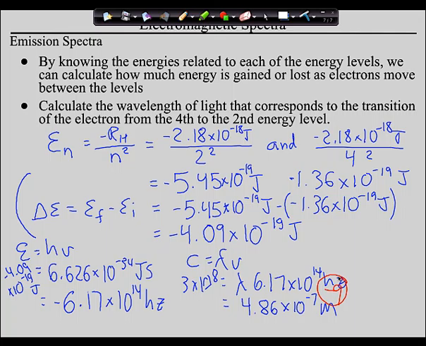So when you see these wavelengths in the visible light range at 10 to the negative 7th, understand that is the same as 486 nanometers, where we're 10 to the negative 9th. On the AP test, they like to do that. They'll ask you, what is the wavelength in nanometers? Understanding that it is not in nanometers, you've got to move the decimal place 2 spots. So be careful of units in these particular problems.